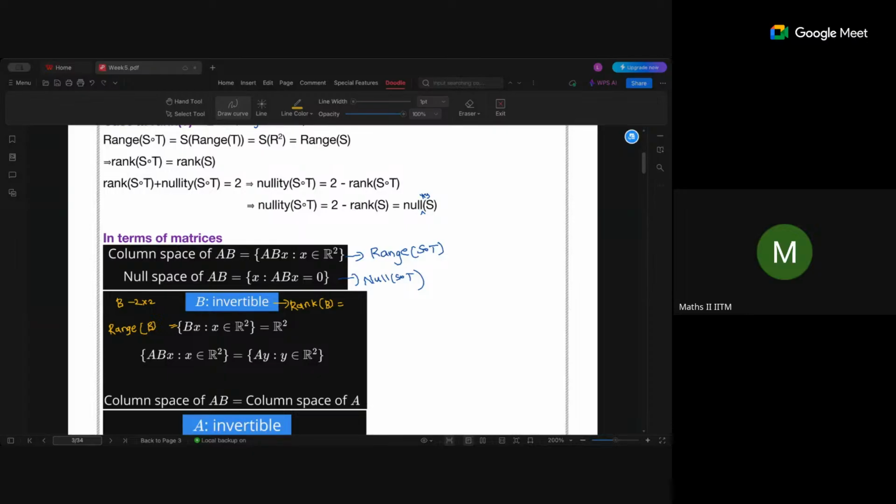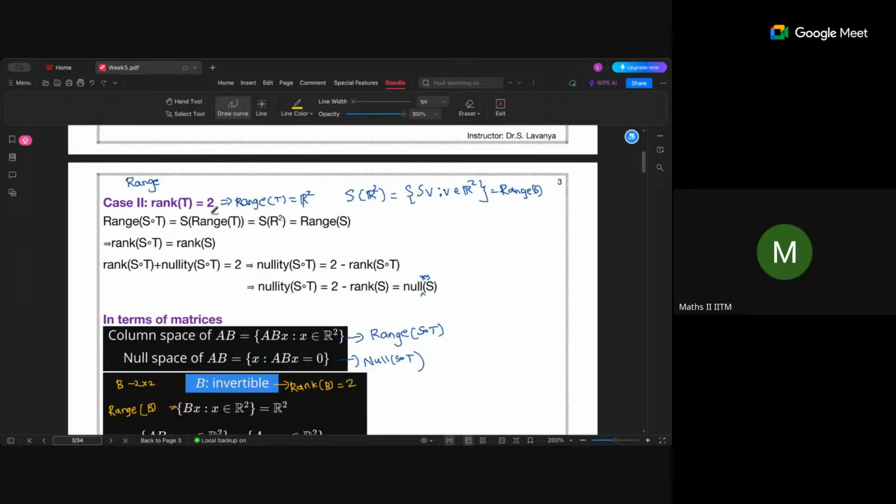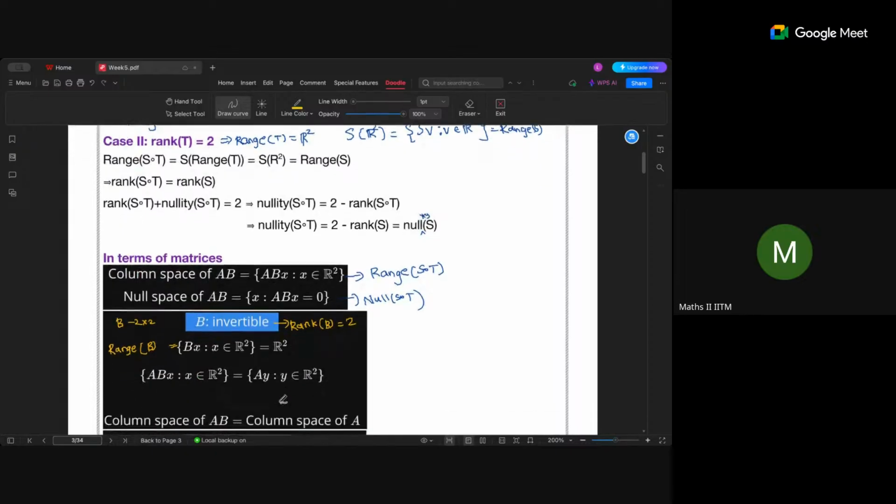If determinant is not 0, rank is equal to 2. Yes, rank is 2. Good. So if rank is 2, then the range should be R2, just as we saw before. So the range of B should be R2. Okay. So this is the first observation because B is invertible.